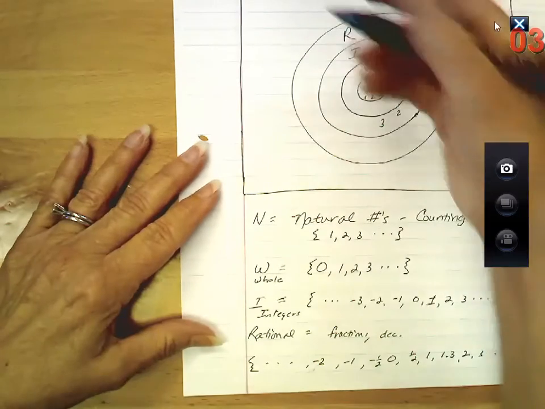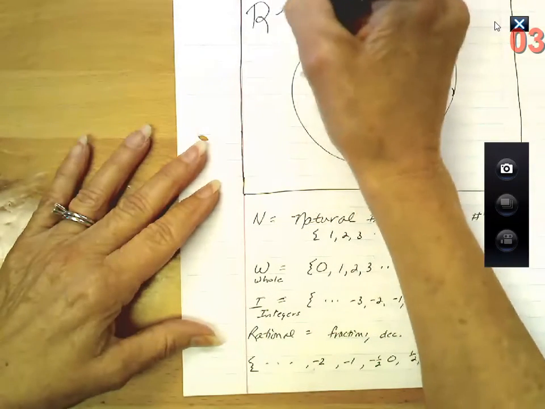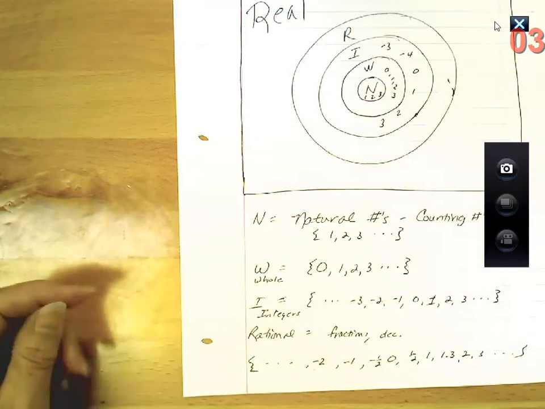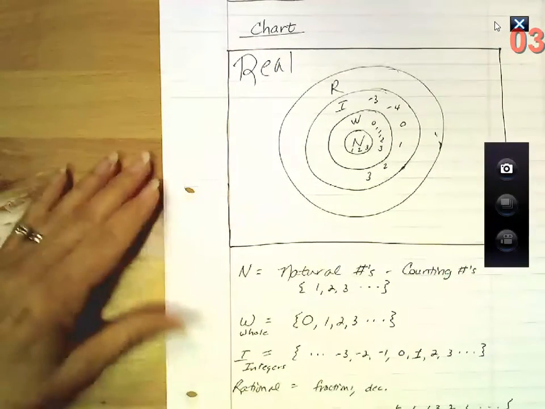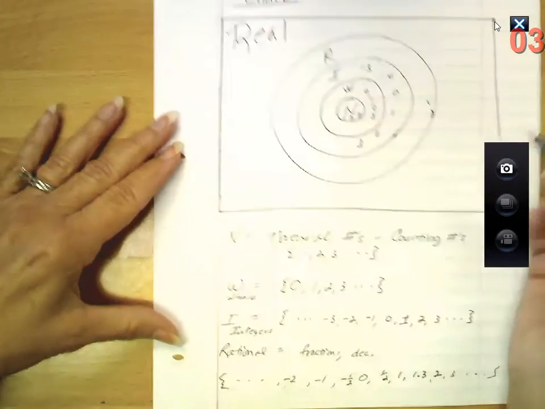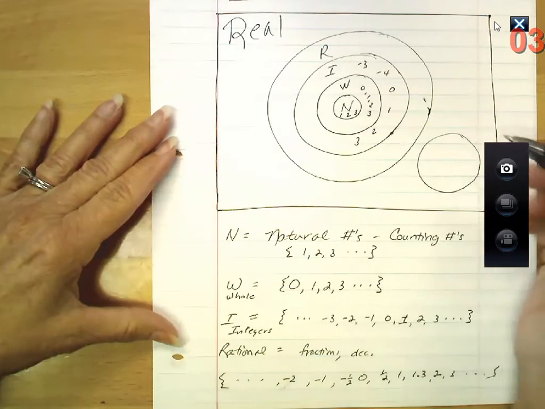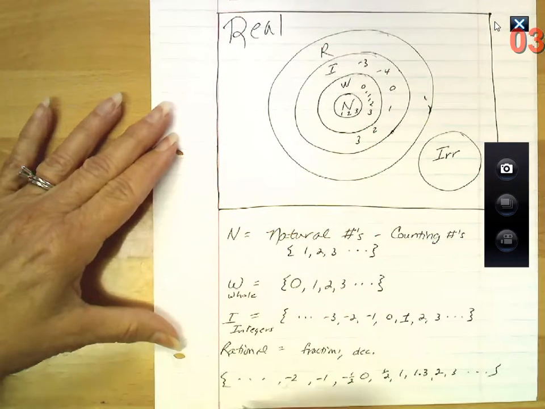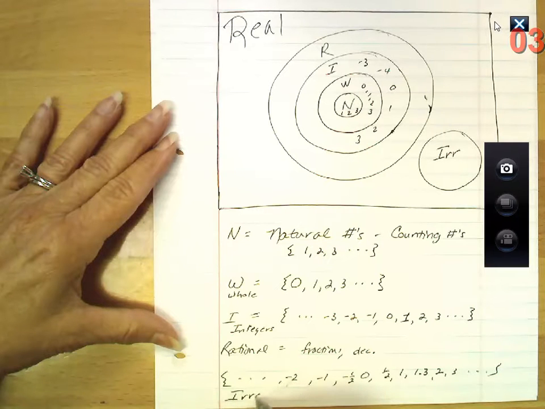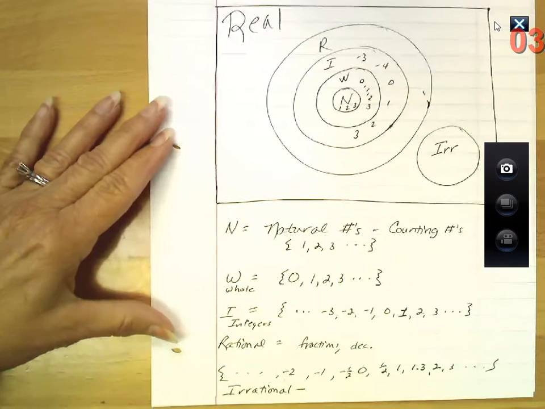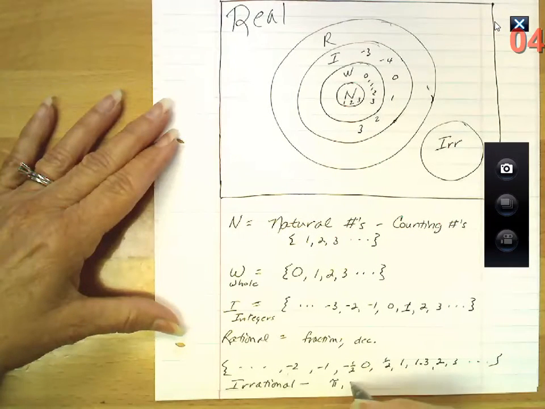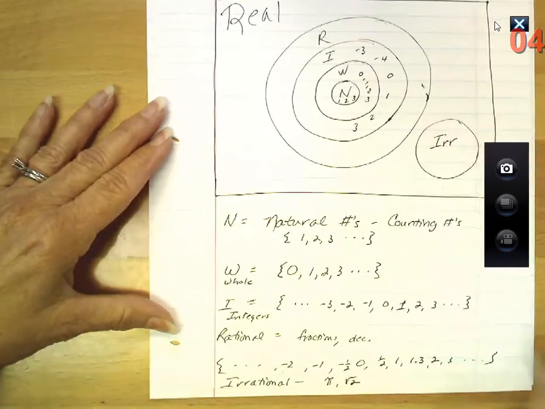The next thing is the real numbers, which are all of these numbers in this big rectangle. The real numbers are all of them. And then over to the side somewhere, we have the irrational numbers. The irrational numbers are like pi, square root of 2.